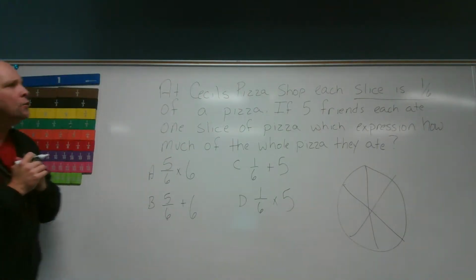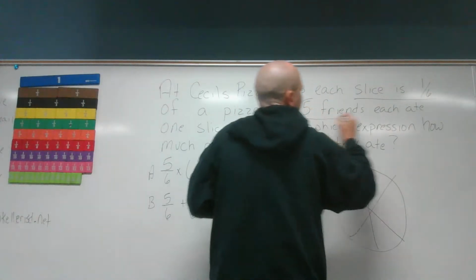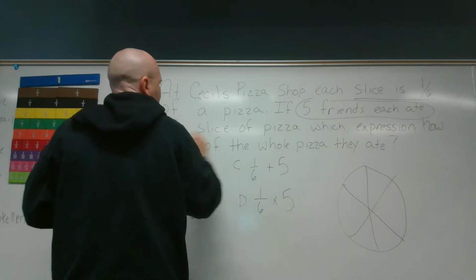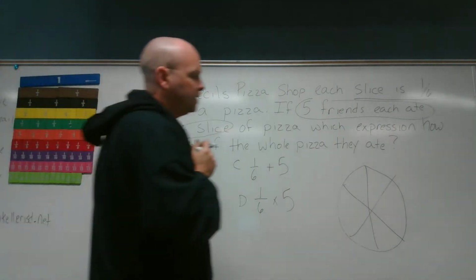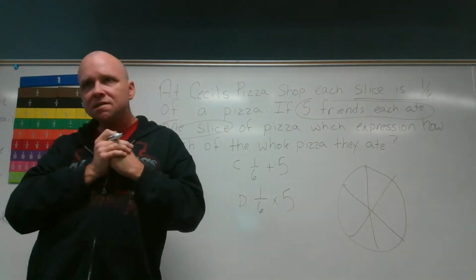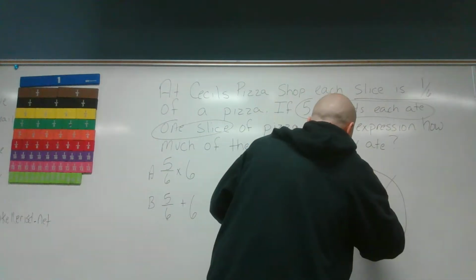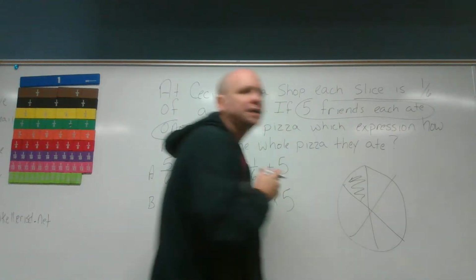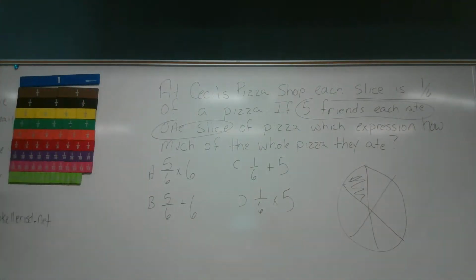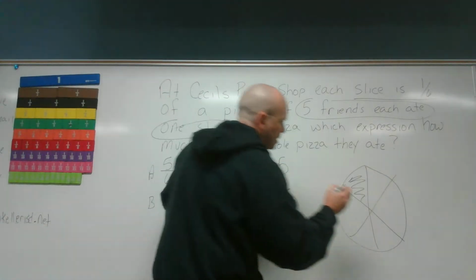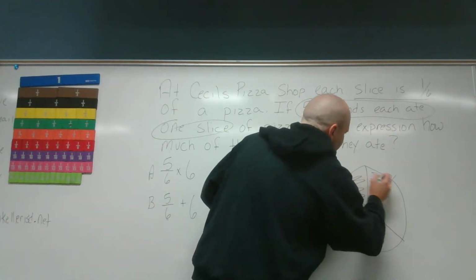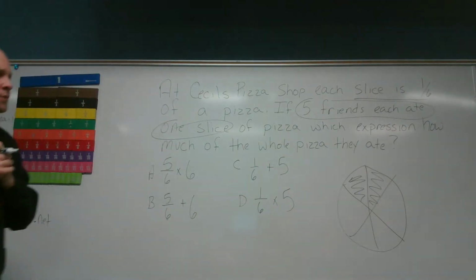We need to know 5 friends each ate 1 slice. So if I had, as my friends, Morgan ate 1 slice, so she's eaten that much. If I had Mason eats 1 slice, now that much of the pizza is gone.